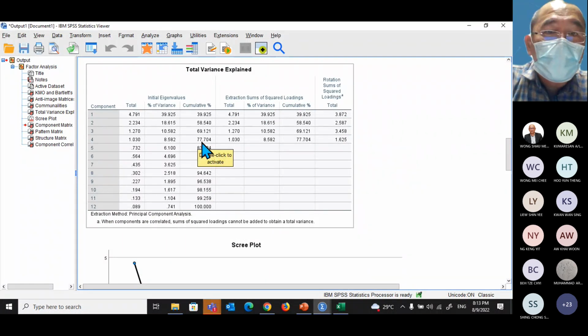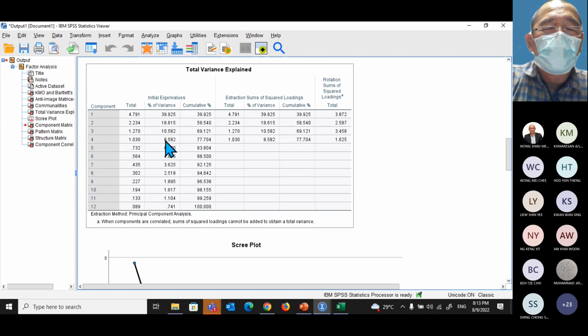As you say, we need to have an eigenvalue more than 1. Can it happen that after they do the calculation, they list out all the eigenvalues more than 1, but the cumulative is still less than 60%?